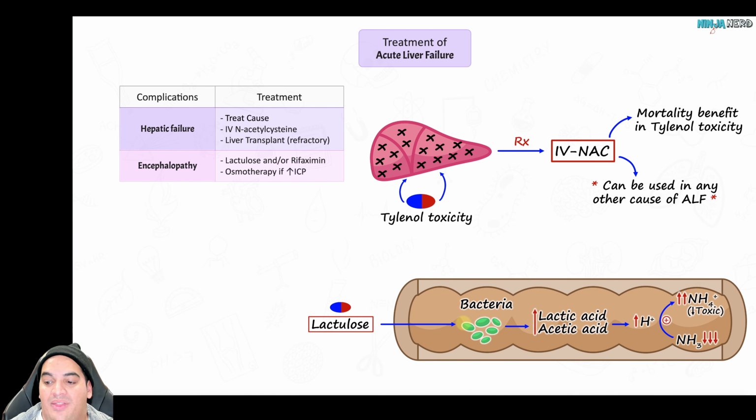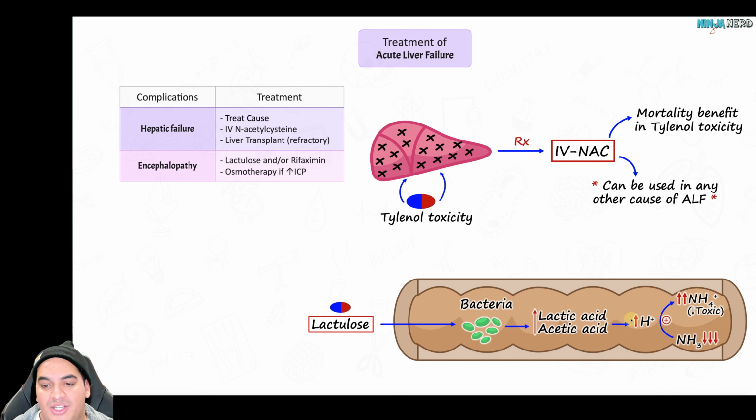That proton binds with the ammonia that may be present within the bowels and converts it into ammonium, which is not going to be absorbed as easily. It's less toxic and allows for it to be excreted into the feces. That's one way that we can drop the ammonia levels and reduce the actual trigger, which we believe is ammonia, that's causing the encephalopathy, the asterixis, the cerebral edema.